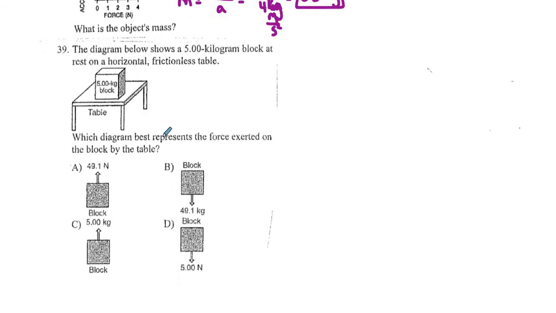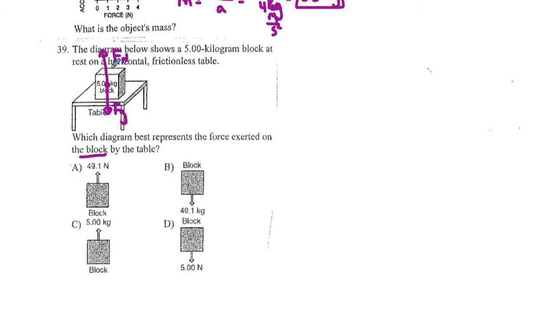Question 39 says a diagram below shows a 5 kilogram block at rest on a horizontal frictionless table. Which diagram best represents the force exerted on the block by the table? So we're talking about the normal force. If I had to draw a diagram of this, we have the downward force of gravity from the earth, and then we have an upward normal force from the table.